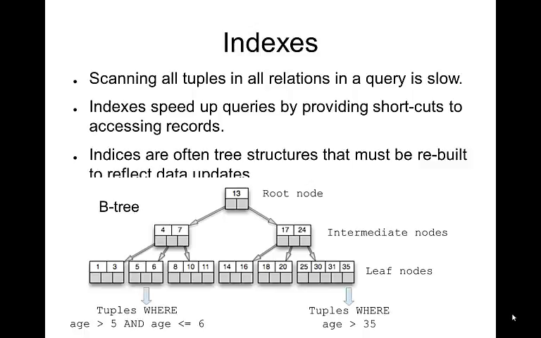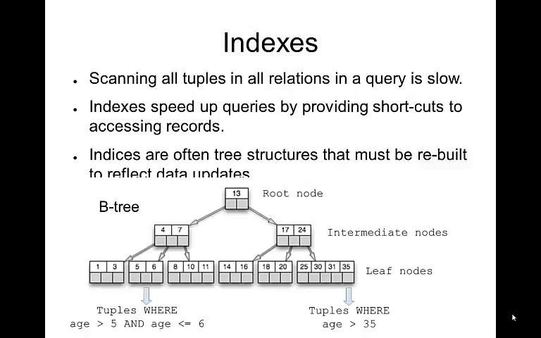I want all the records between ages 5 and 6. So we start at the root node, which has a value of 13. All the ages up to 13 go off this way onto this node. All the values above 13 go that way to that node.